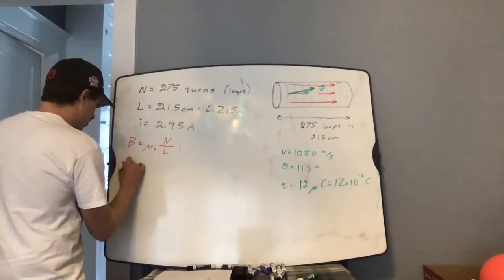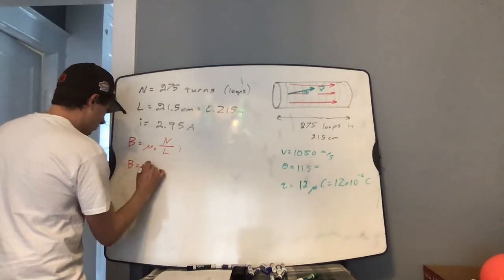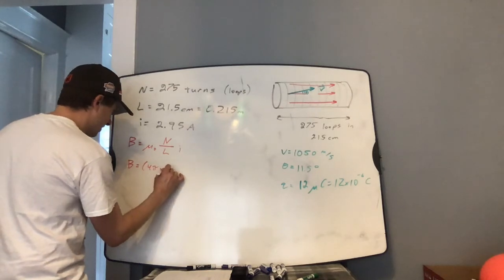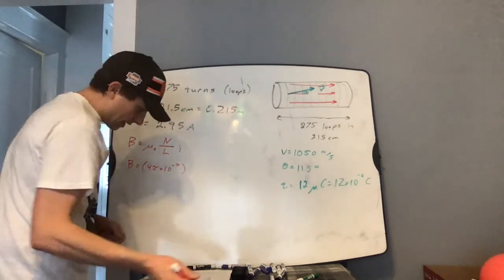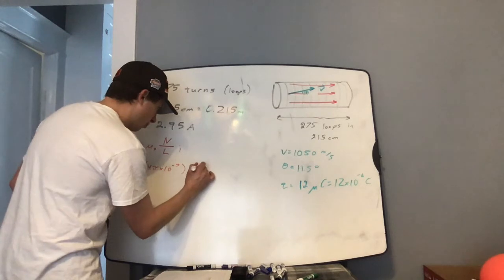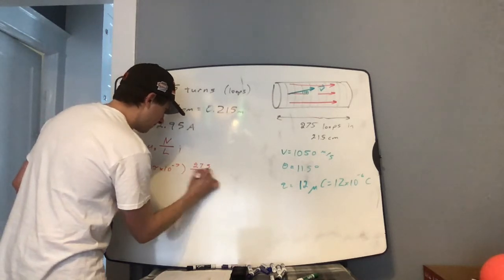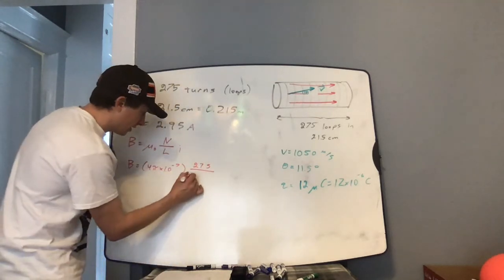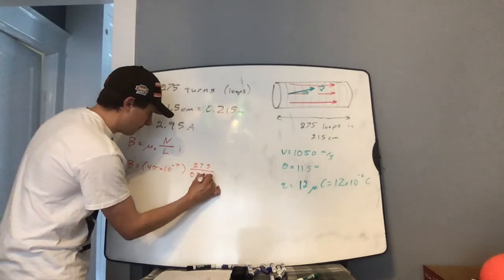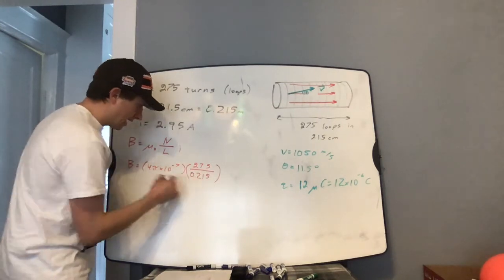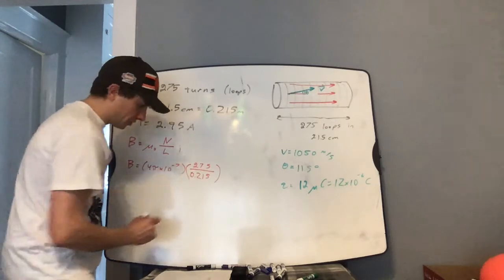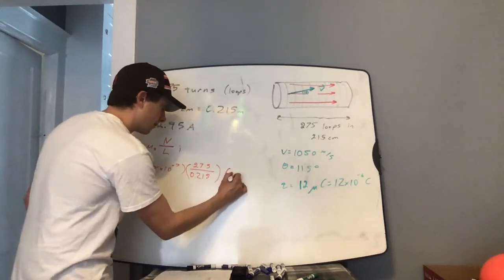So the strength of the magnetic field inside the solenoid is 4 pi times 10 to the minus 7, times big N, which is 275, over L, 0.215, and then the current flowing through the solenoid is 2.95 amp.